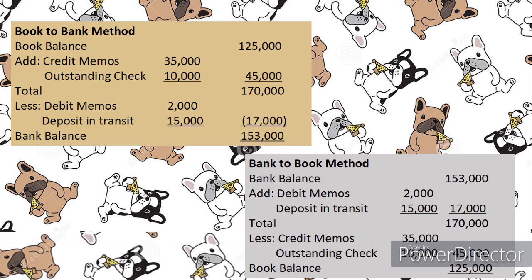Now in the bank to book method, as Jean said, we start with the bank balance. So the bank balance is amounting to 153,000, add debit memos amounting to 2,000 and deposit in transit amounting to 15,000. 2,000 plus 15,000 is 17,000. 17,000 will be added to the bank balance, which is 153,000, and the total is 170,000.